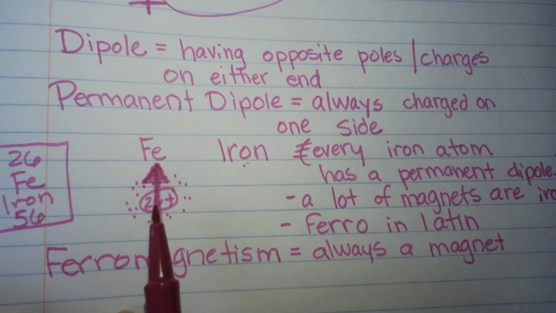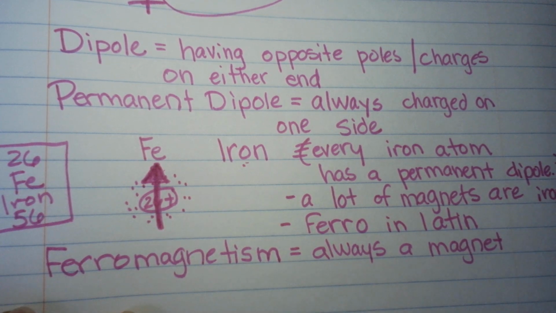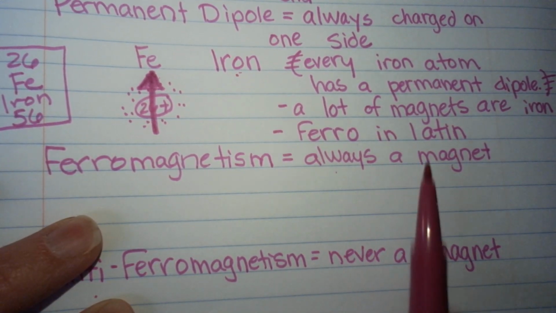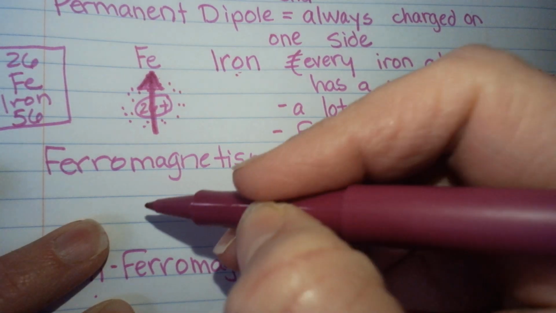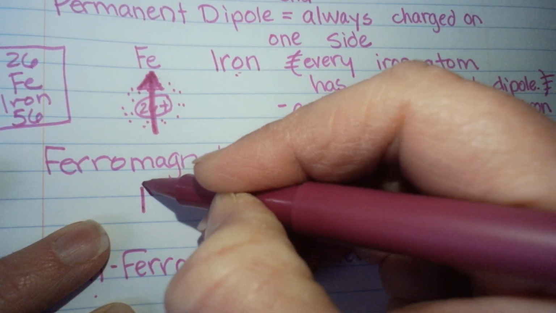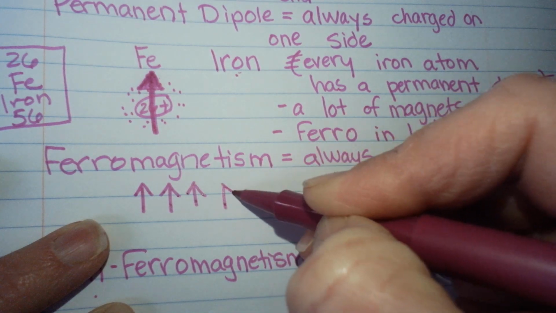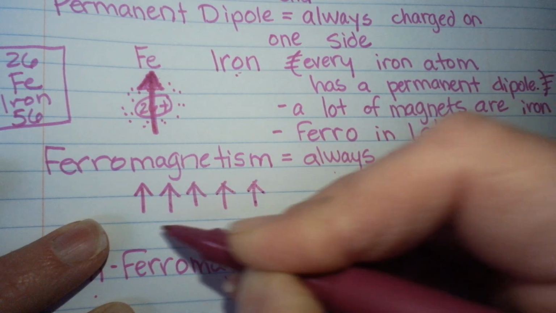These arrows show the negative side of the atom. So when we think about something that's always a magnet, the atoms in this kind of material line up all the same.